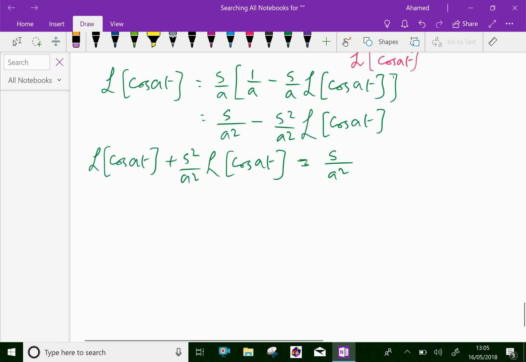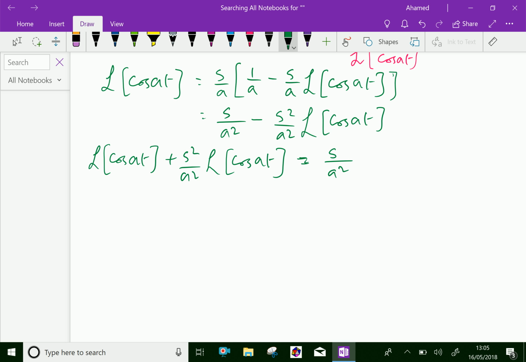Now take out the common factor: Laplace transformation of cos at into 1 plus s square over a square equals s over a square.